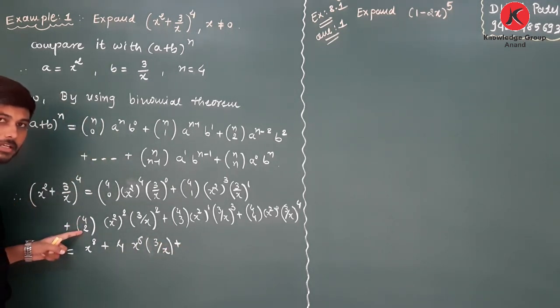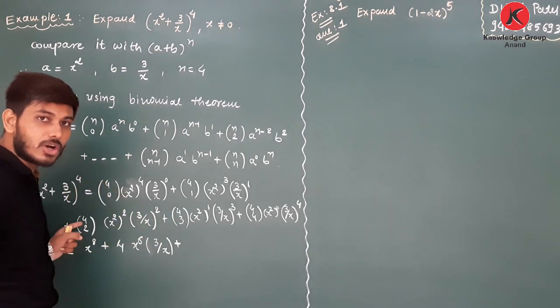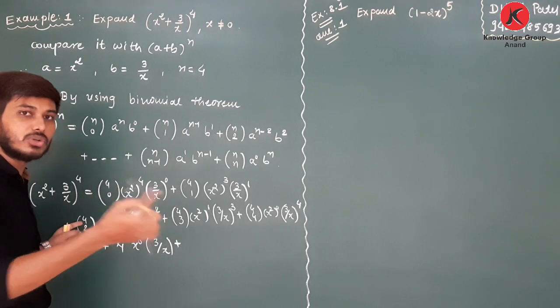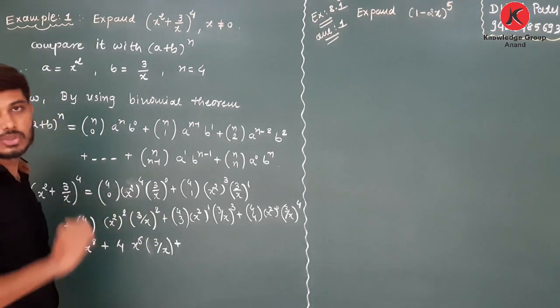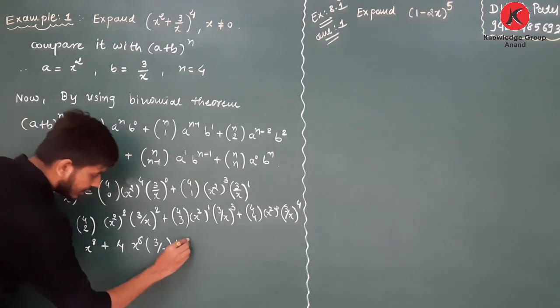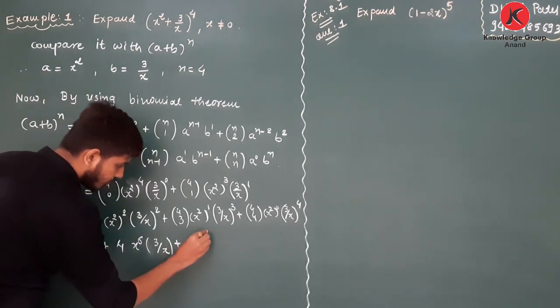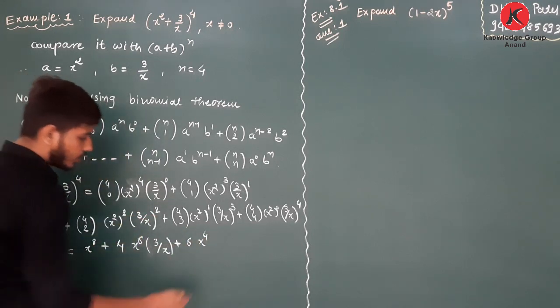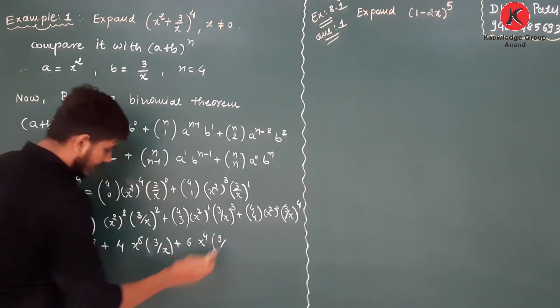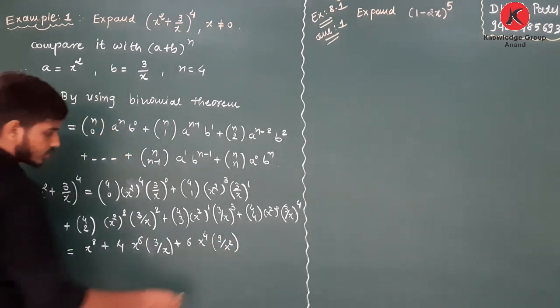4C2 will be calculated by 4 into 3 divided by 2 factorial. 2 2s are 4, 3 2s are 6. The answer is 6 into x^4 into 3 square, 9 divided by x^2.